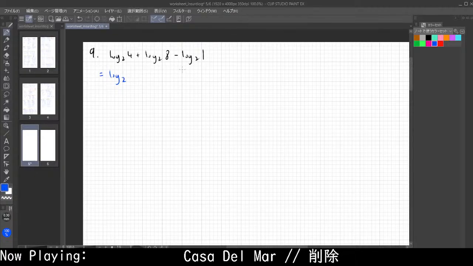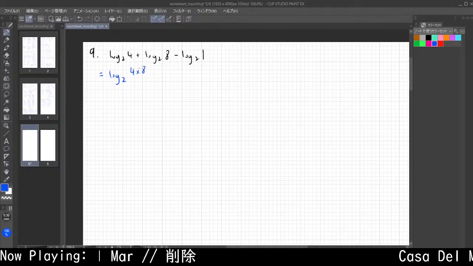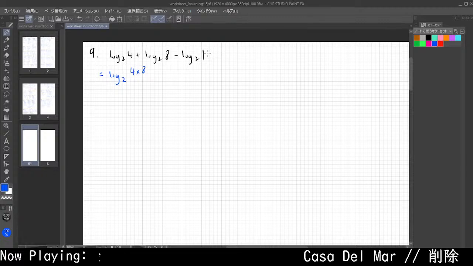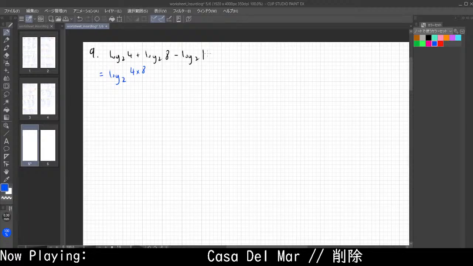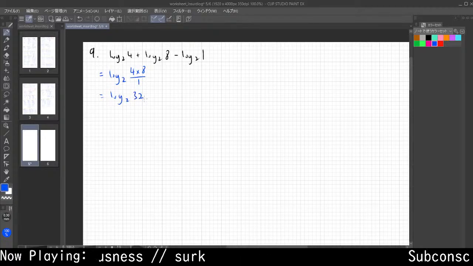For everything is base 2, plus is multiply, so 4 times 8. You get this, and then your log base 2 of 1 is minus, so minus is divide by 1 there. So you just get log base 2 of 32 over 1. You don't have to write that, obviously.